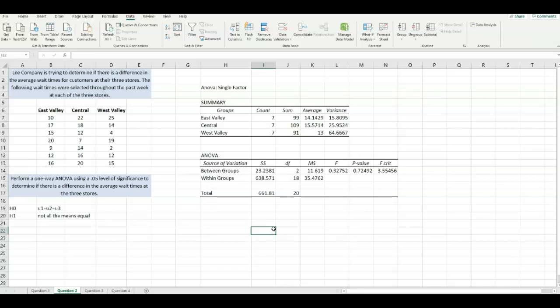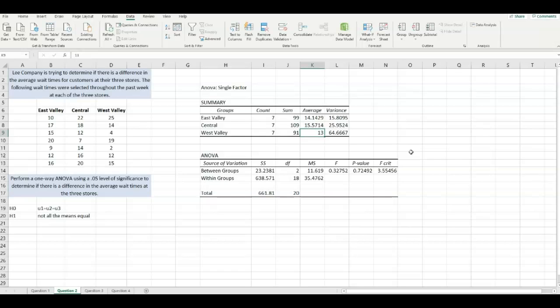So what we need to figure out is whether there is a difference or not. They give us our averages here. We can see that the average wait time for the East Valley store is a little bit more than 14 minutes. The Central store is a little bit more than 15, and the West Valley has an average of 13 minutes.